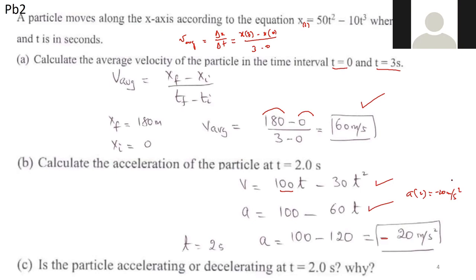Because at t equals 2 the velocity is positive and the acceleration is negative. That's correct. Perfect. So let's get the velocity at t equals 2 seconds. You just have 100 multiplied by 2 minus 30 multiplied by 2 squared. This gives you 200 minus 120. So it gives you what?